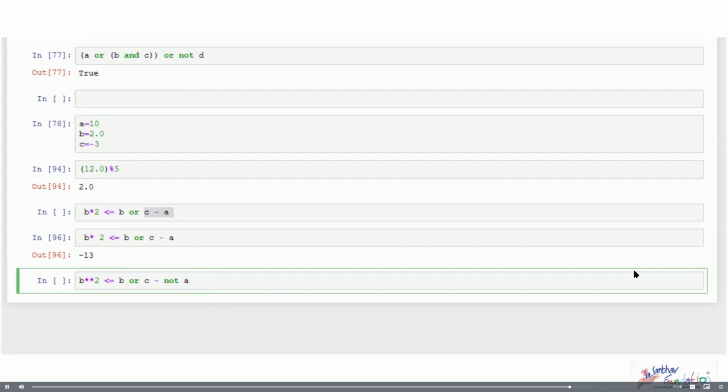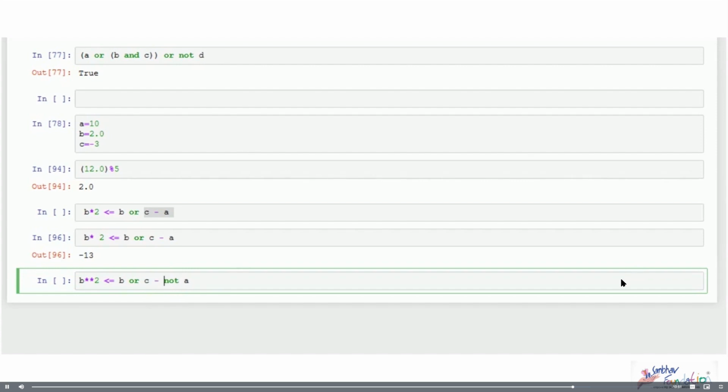Again, here we don't have any brackets, so you just need to directly see the precedences. We have exponent, that is double star is exponent. Then you have comparison, logical, another arithmetic, and then another logical.